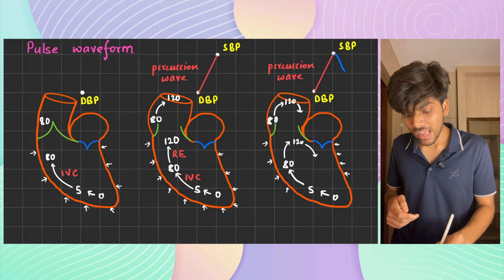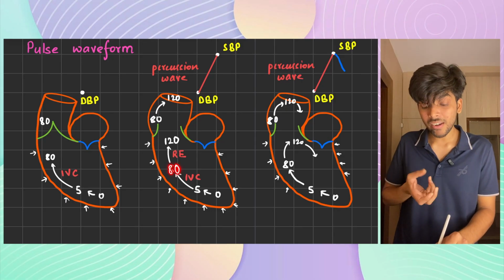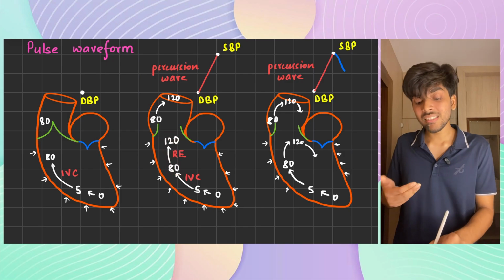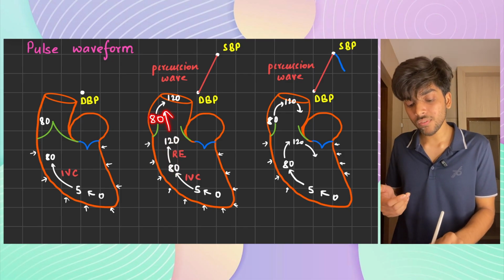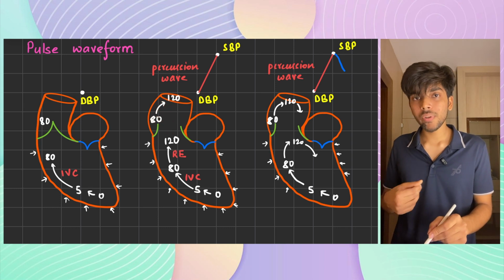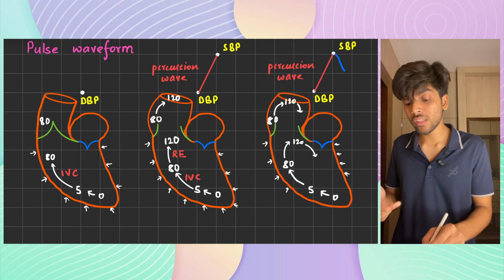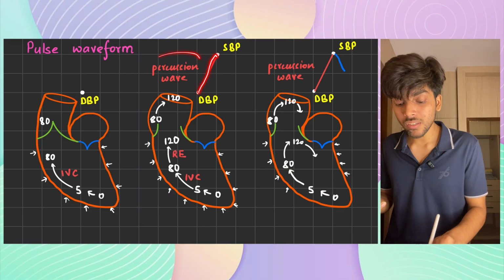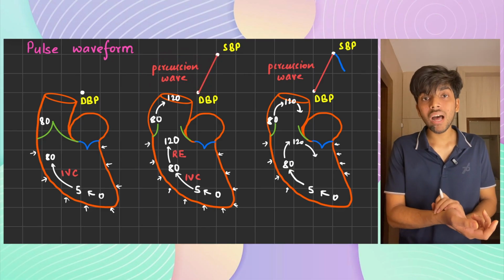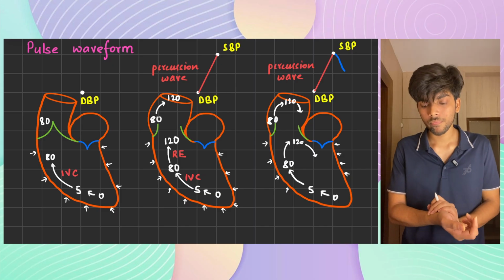That means as the pressure inside the left ventricle increases from diastolic blood pressure to systolic blood pressure, inside the aorta as well, the pressure increases from diastolic to systolic blood pressure. And this is represented in the aortic pulse waveform with the help of a rise, which is called the percussion wave. When you palpate the peripheral pulse, you are feeling the percussion wave.